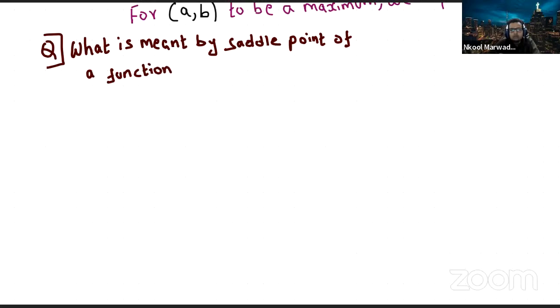F of x comma y. Now let us write the answer. We already know that a saddle point is a special point where neither the minima exists nor the maxima exists. So we will write that.